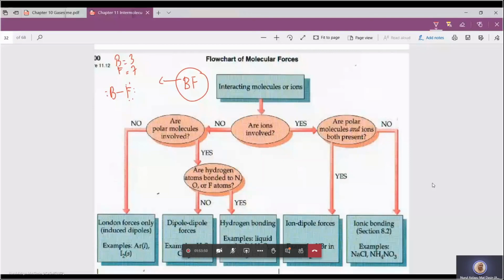Lone pair means that they have non-symmetry. Non-symmetry is polar, meaning BF is polar. So we go to yes. Then check whether BF has hydrogen bond. How to detect hydrogen bond? You see, is there any H in BF? No, right? If no, then it is dipole-dipole. So BF is dipole-dipole.